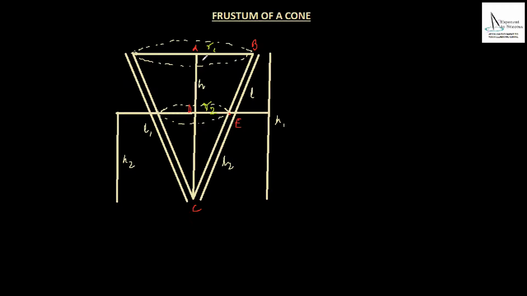As you can see, angle C is common in both the triangles, and if we look at angle A and angle D, they are both perpendicular to the radius, so they both are going to be 90 degrees. Whenever two angles of any two triangles are equal, those two triangles are said to be similar triangles. So looking at this, we can say that triangle ABC is similar to triangle DEC.